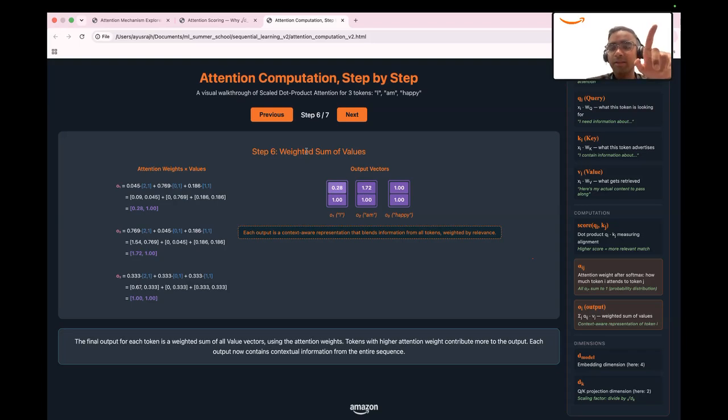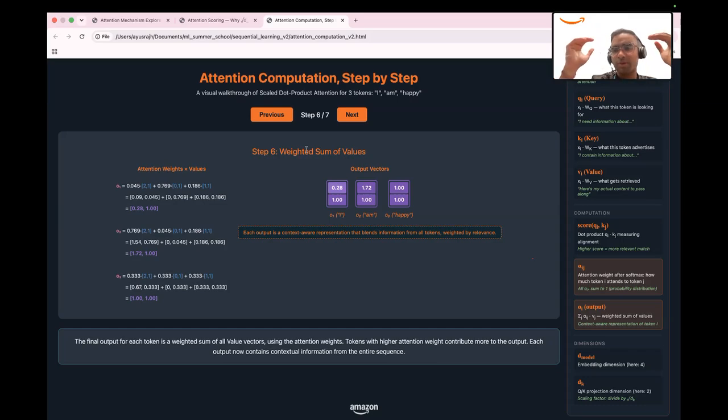For any token i, I got its attention score with itself and with other tokens by using its query and other tokens' key vectors. I got those scores. I divided by root d. I applied softmax on it.